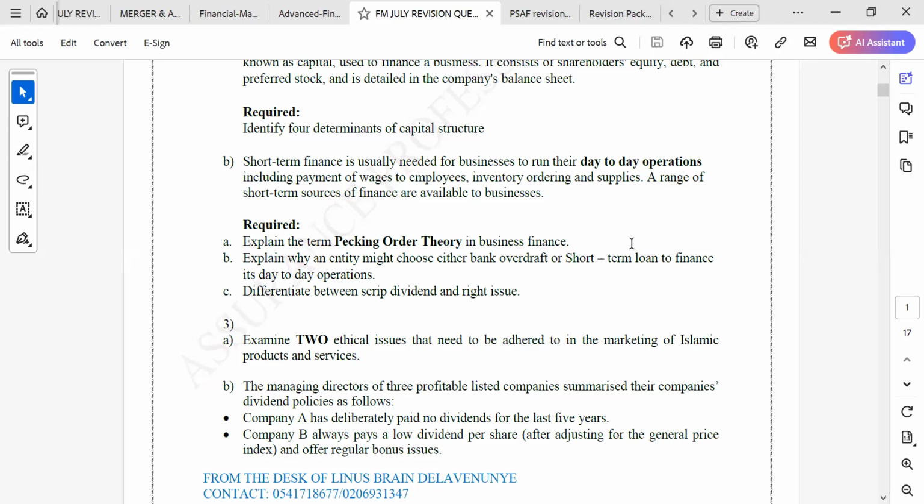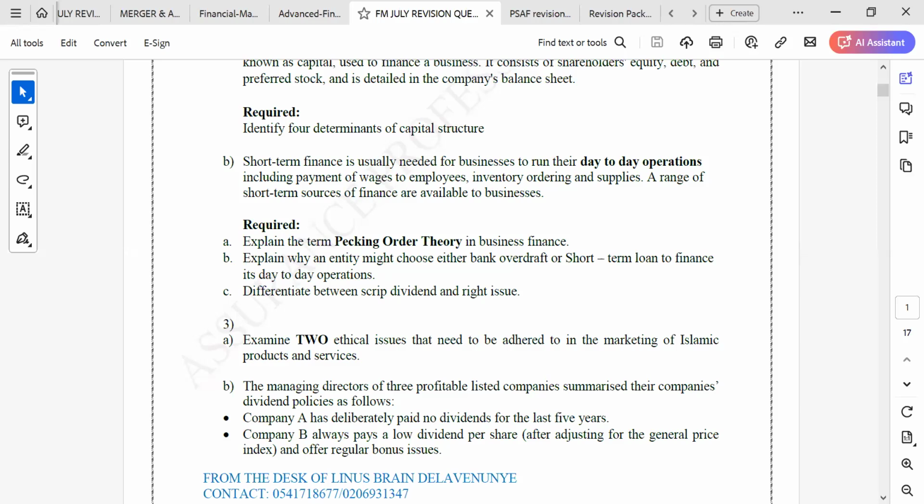Now, Michael, your hand is up. Okay, then let me talk. It's an old one, but scrip dividend is a dividend policy where if the company doesn't have enough cash to pay, they pay by increasing the existing shareholders' shares.